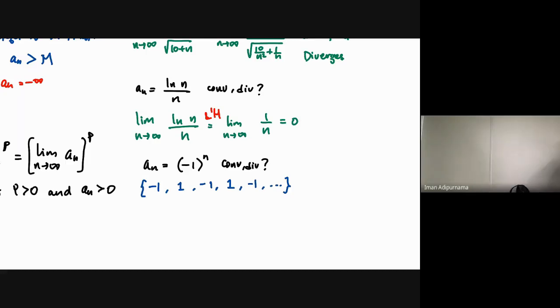We have this sequence. And if you see, we cannot conclude anything, right? It's -1, +1, -1, +1, and that means it diverges. Okay, it diverges.